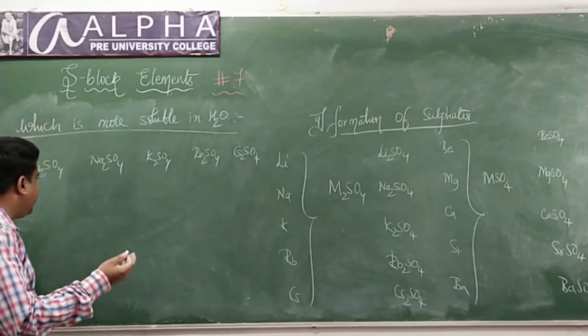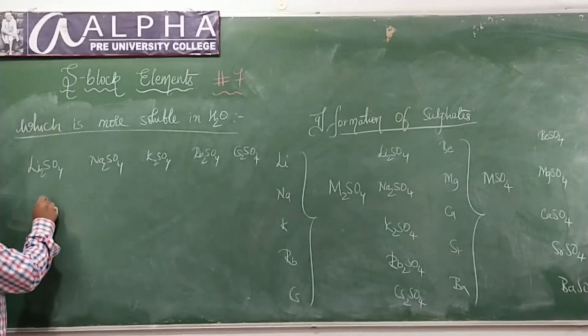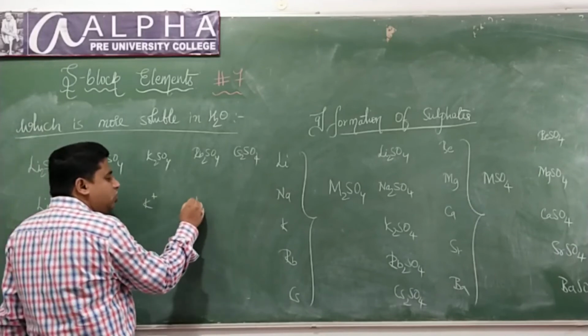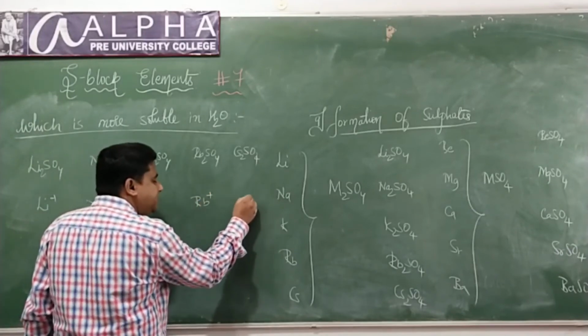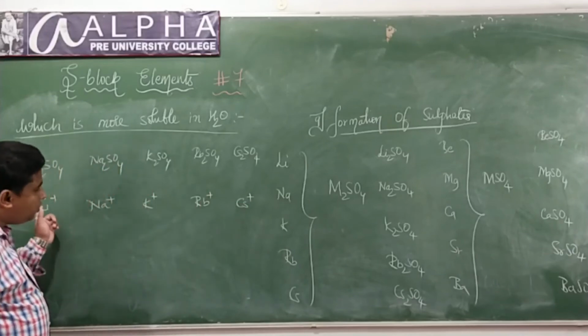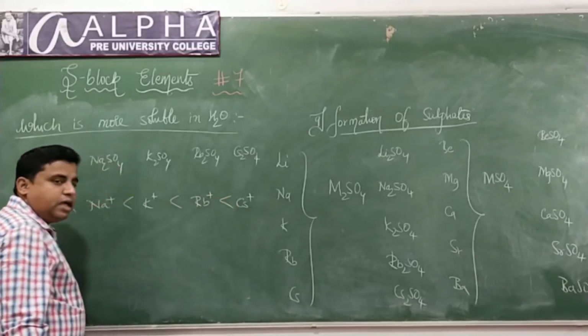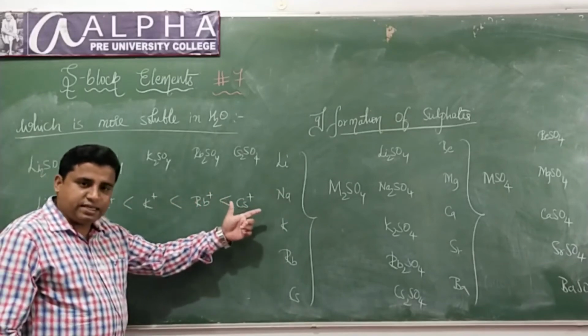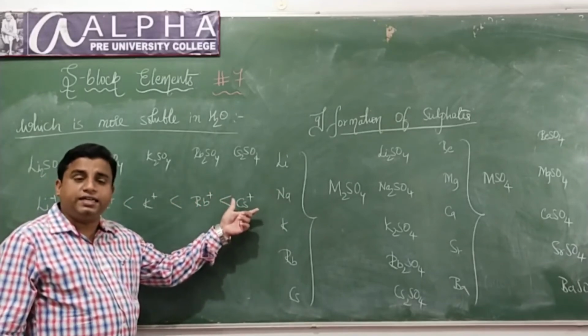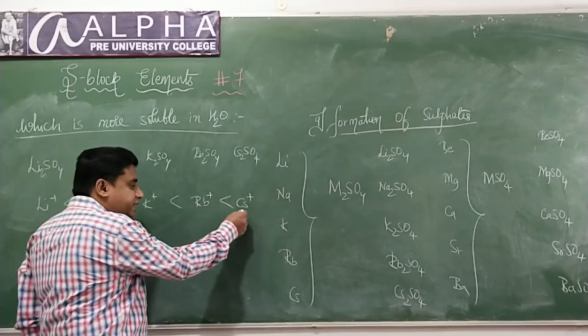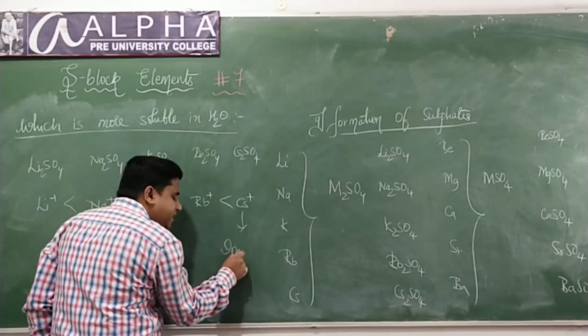I have lithium ion, sodium ion, potassium ion, rubidium ion and cesium ion. As we go down the group, ionic size increases. As the cationic size increases, covalent character decreases, so ionic character increases.